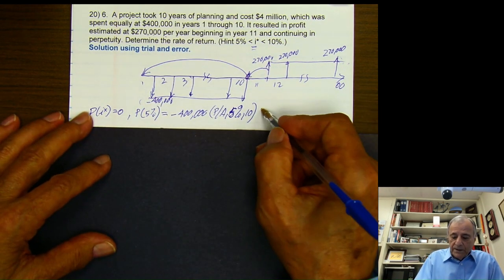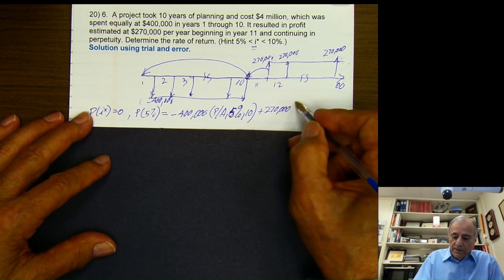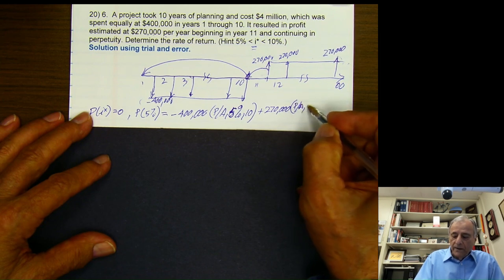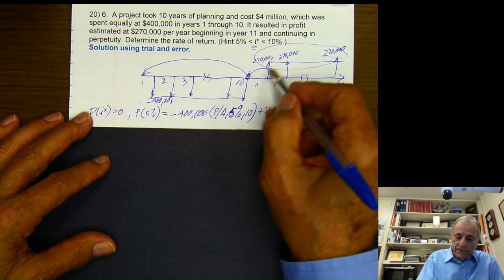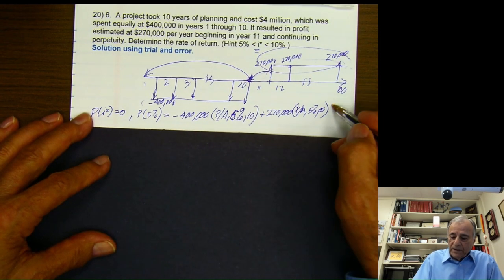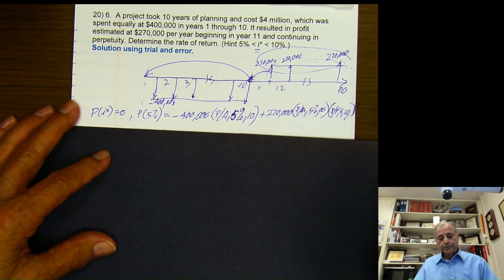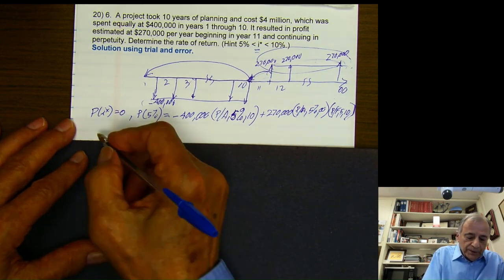So we'll have plus 270,000 times P given A, 5% for infinite. That takes this series back to here. And then we take that P given F, 5% for 10 years. Well, so I'm going to put this over here.